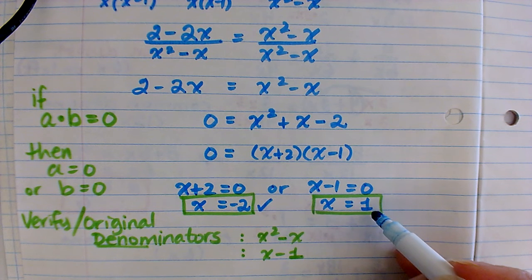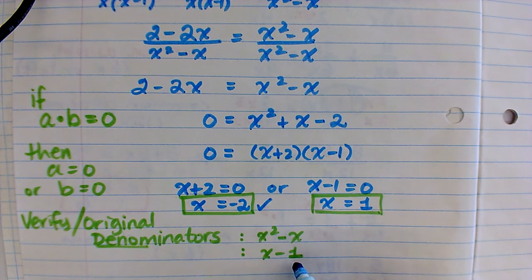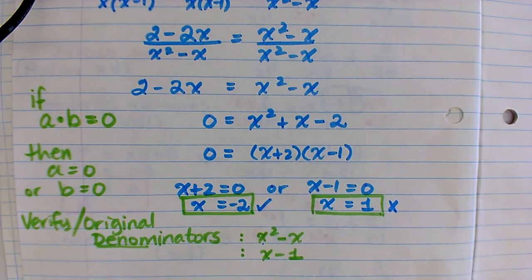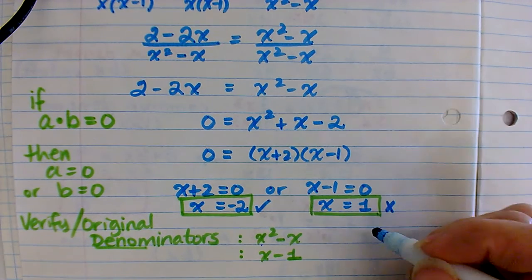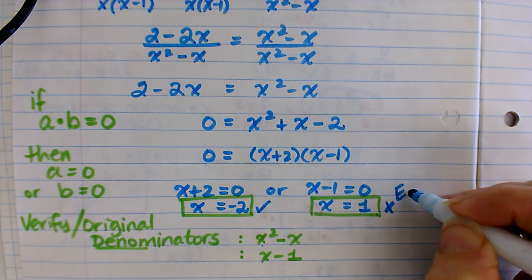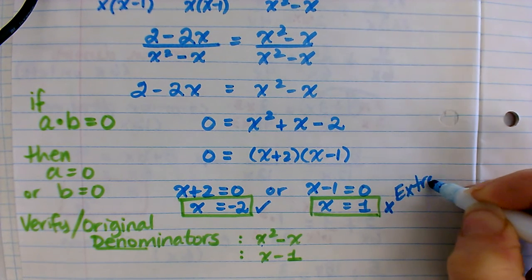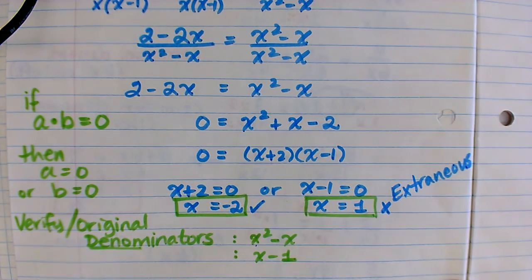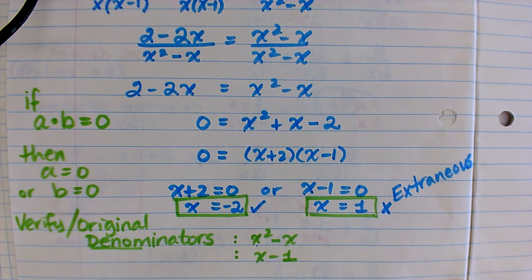If I took 1, however, and plug it into each of these, 1 squared minus 1 is 0. And 1 minus 1 is 0. So this one is actually not allowed. We call this one an extraneous root, meaning it is not actually allowable.